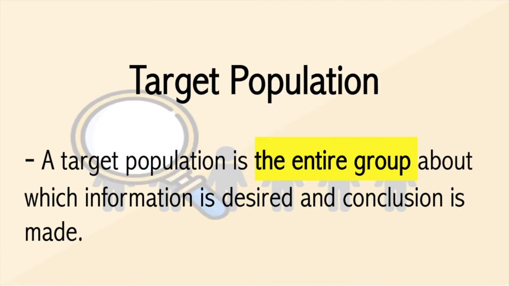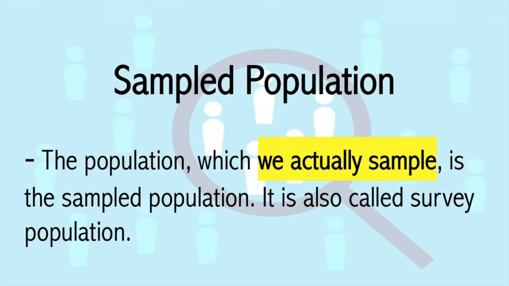Target population. A target population is the entire group about which information is desired and conclusions are made. Sampled population. The population which we actually sample is the sampled population. It is also called survey population.